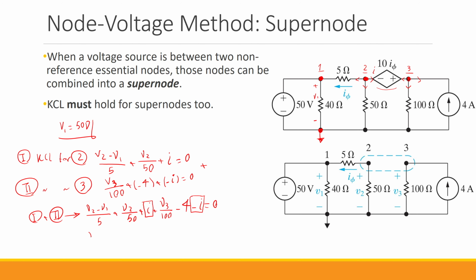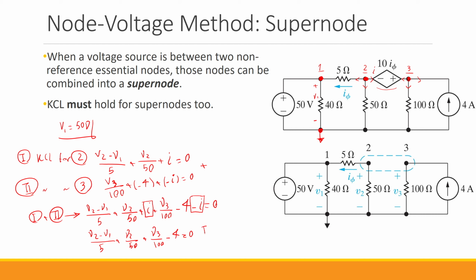If I rewrite this, now we have V2 minus V1 over 5 plus V2 over 50 plus V3 over 100 minus 4 equals 0. As you can see in this equation, we don't have I anymore. This way we were able to eliminate the variable I, whose value we didn't know and had no way to know either.